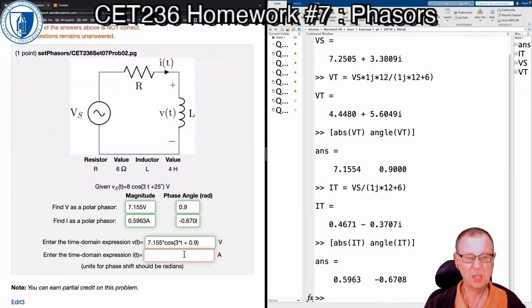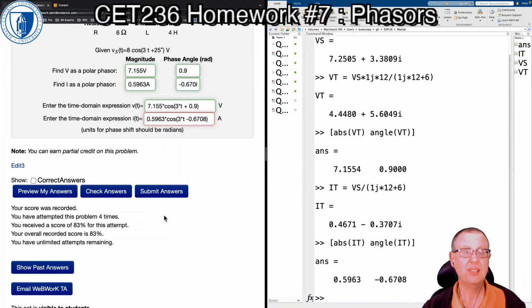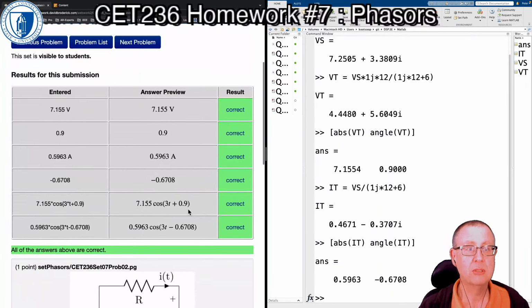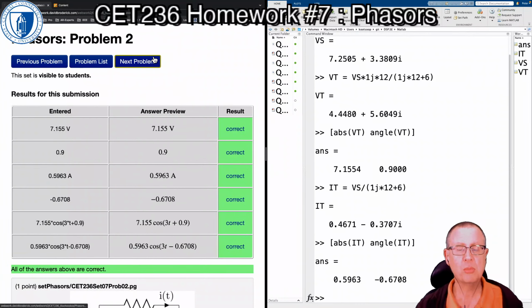And then the other one is, there's my amplitude, and I'm going to multiply that by cosine 3t minus this time 0.6708 and see if that works. And we're all green. Okay, so problem 3.